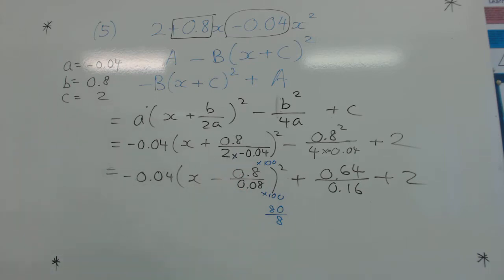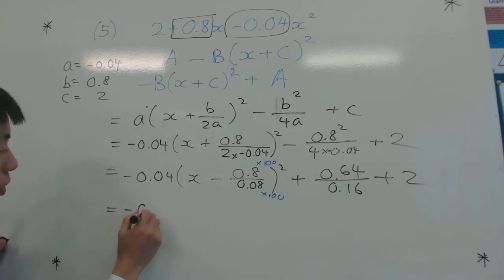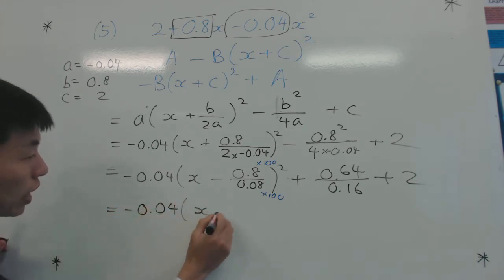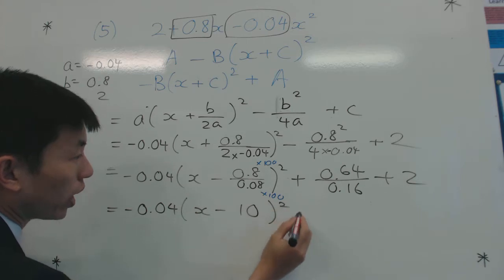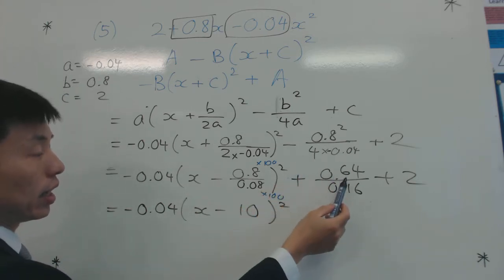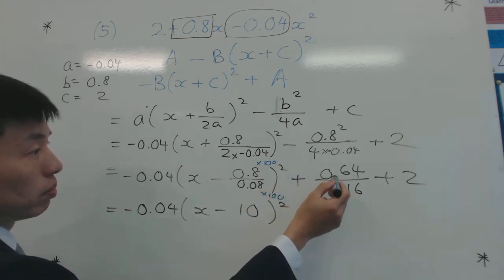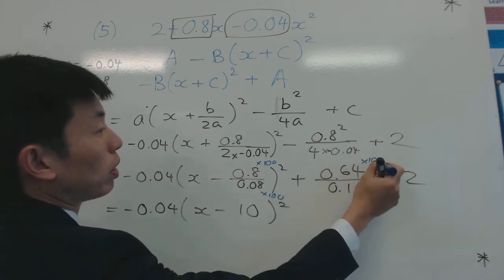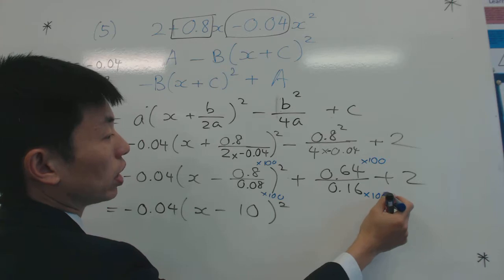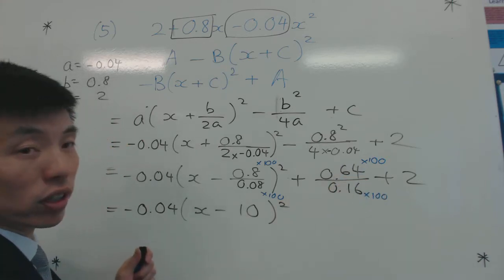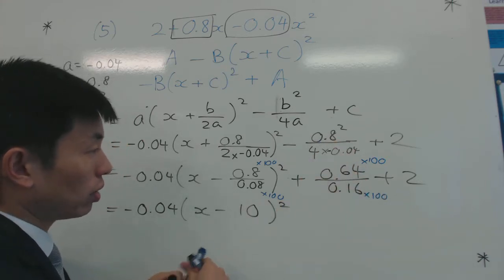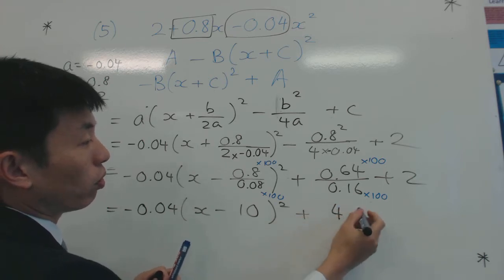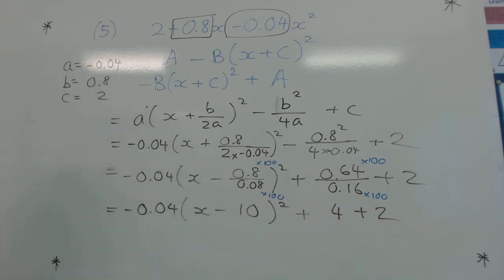Okay, so now you know that. So it's minus 0.04, open bracket x minus 10 squared, and this is going to be, again, you can just times the top by 100 and the bottom by 100, which is the equivalent fraction. So it's 64 over 16, which is 4. Okay, so this is plus 4 plus 2.